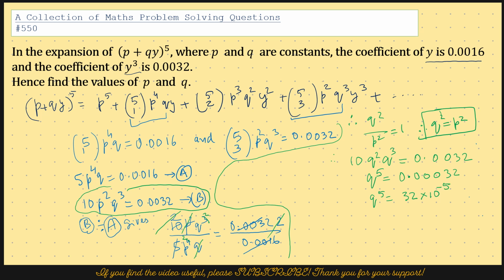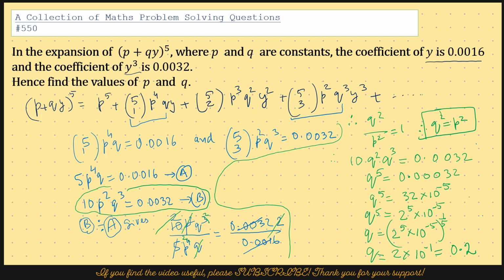So we can write this as 2 to the power 5 times 10 to the power minus 5 is q to the power 5. So q will be 2 to the power 5 times 10 to the power minus 5, to the power 1 out of 5. And that gives us 2 times 10 to the power minus 1, and that is equal to 0.2.